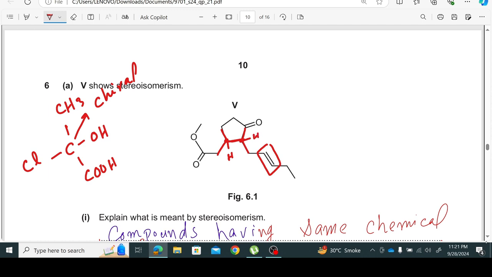So what is the formula to find the number of stereoisomers? That is 2^n. There are two chiral carbons, and the number of carbon to carbon double bonds is one, so n is equal to 3. Even though there is another double bond, it is not a carbon to carbon double bond, so you will not include it. You will only talk about the carbon to carbon double bond.